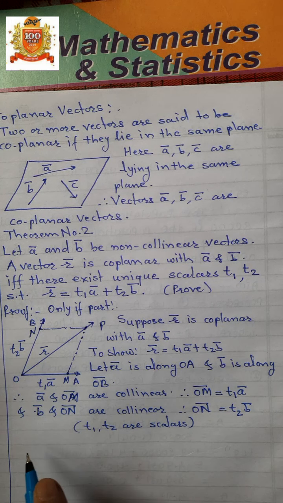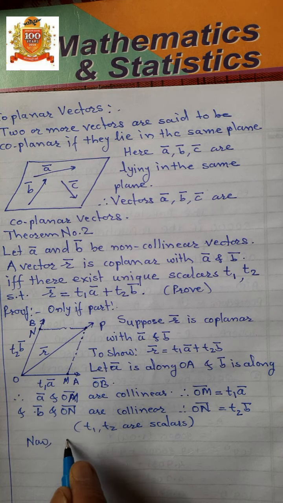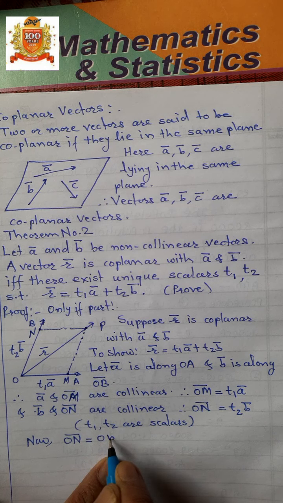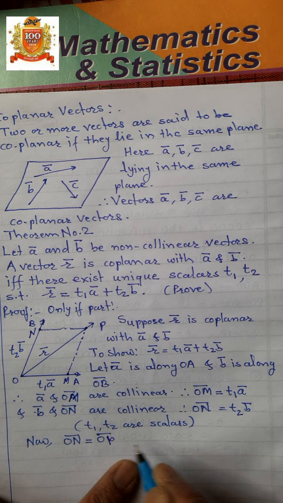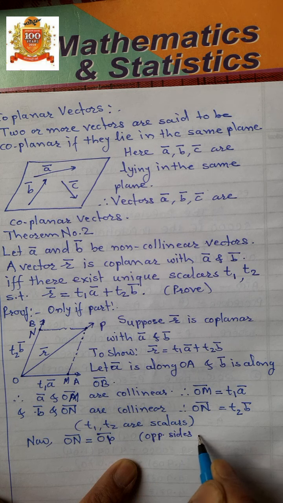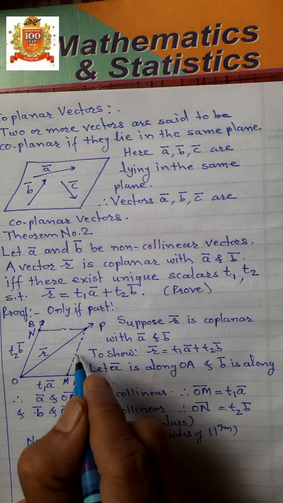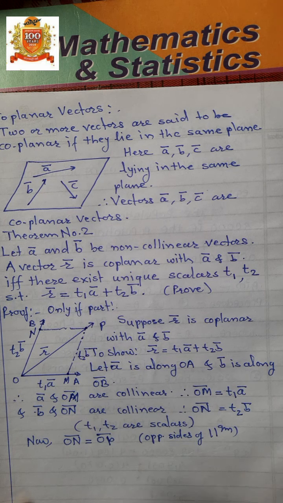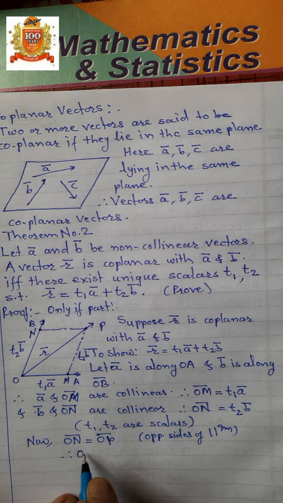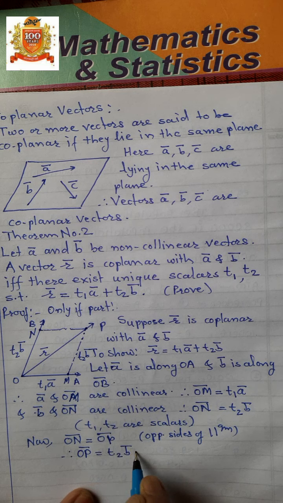Now ON bar is equal to MP bar, opposite sides of parallelogram, isn't it? Therefore, this becomes T2 B bar. MP bar is equal to T2 B bar.